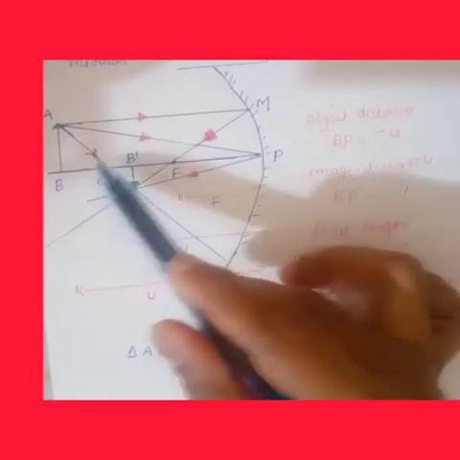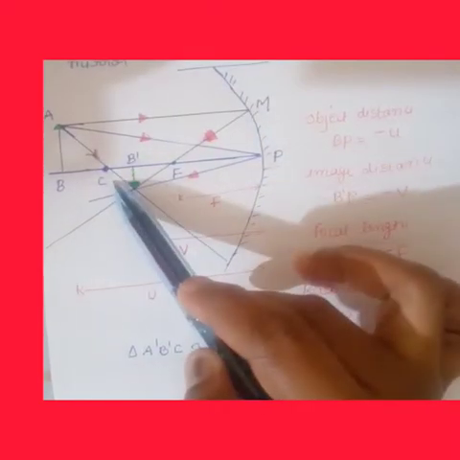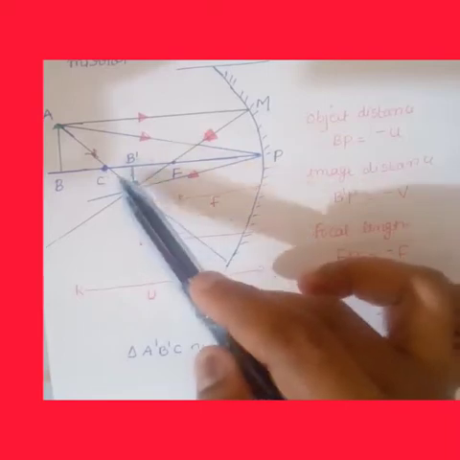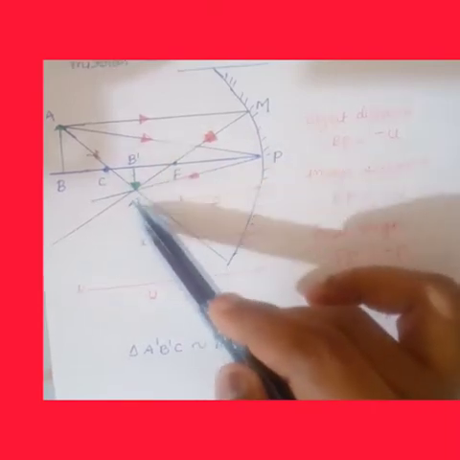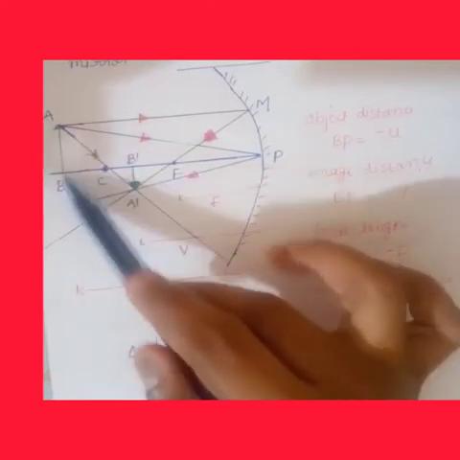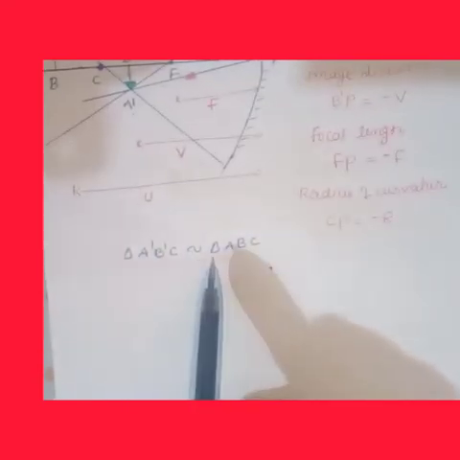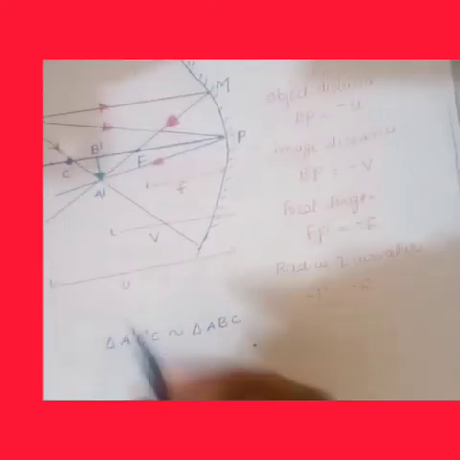Here we have to consider two triangles, A dash B dash C and ABC. These two triangles are similar, so you just apply the similarity theorem here. So you get that A dash B dash C and ABC are similar. Write triangle A dash B dash C similar to triangle ABC. Then write the size proportions.